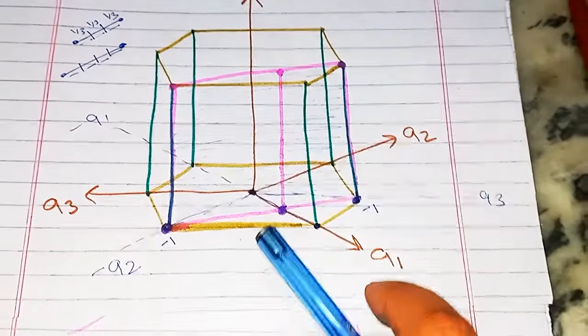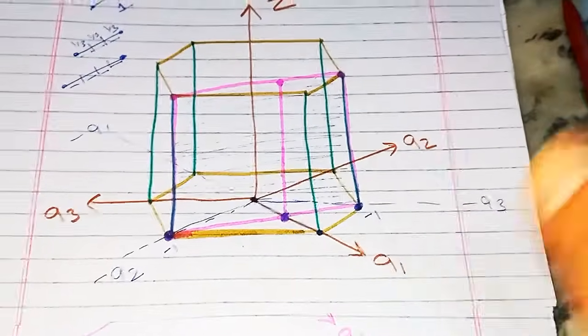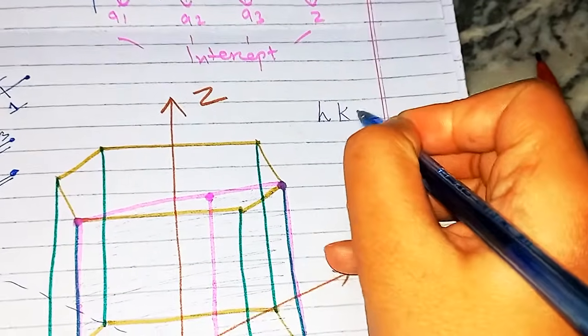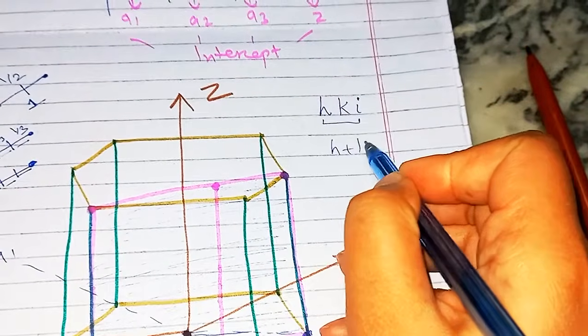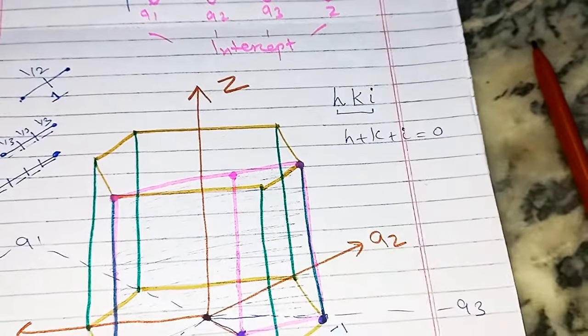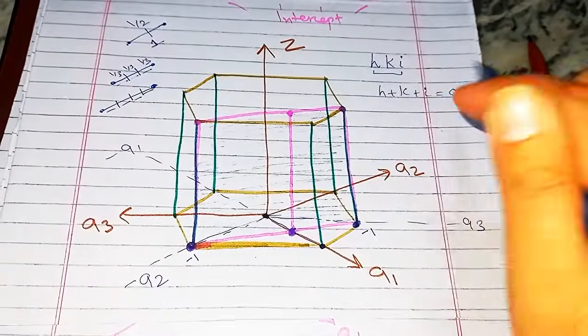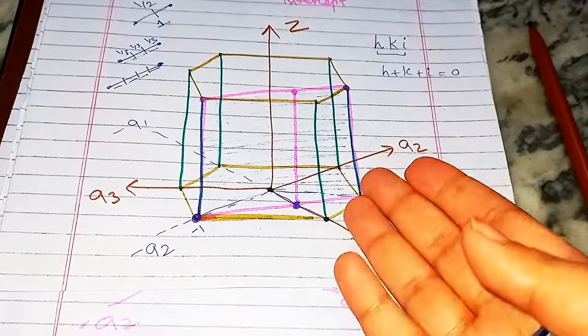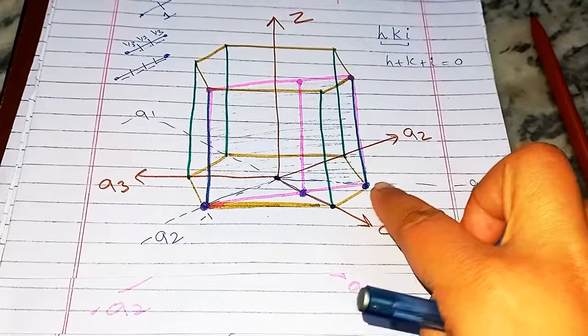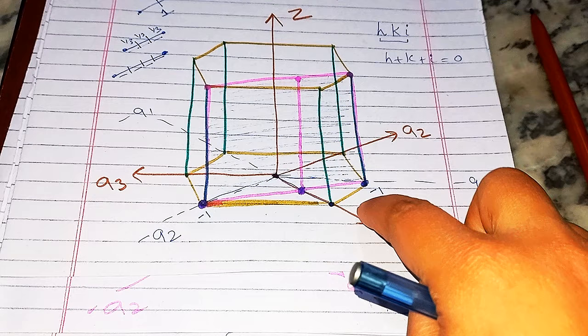hexagonal crystal system, and it is that H, K, and I indices are actually connected with each other through this equation. And this relation between H, K, and I, which are actually representing the intercepts for A1, A2, and A3, hence we can talk about the intercepts as well.